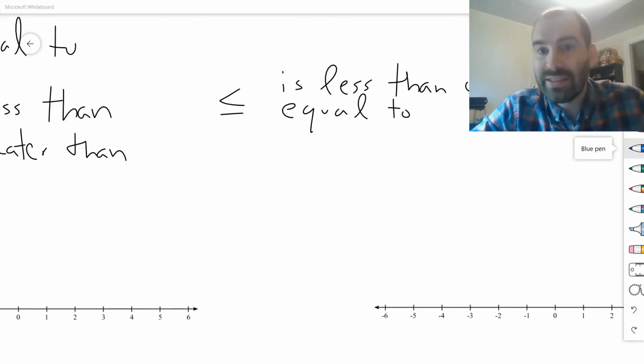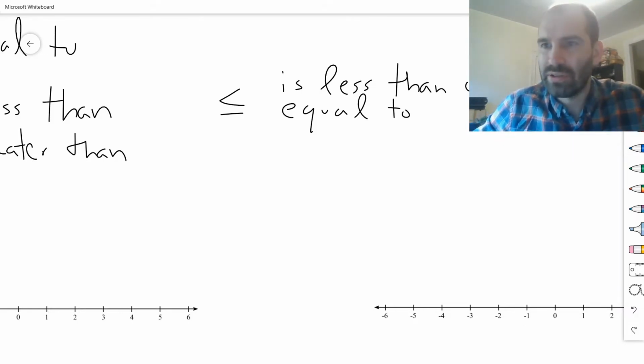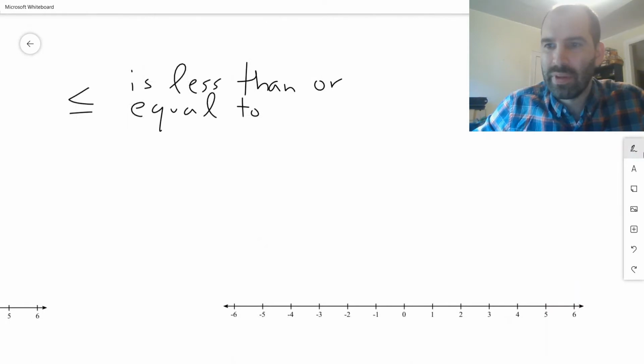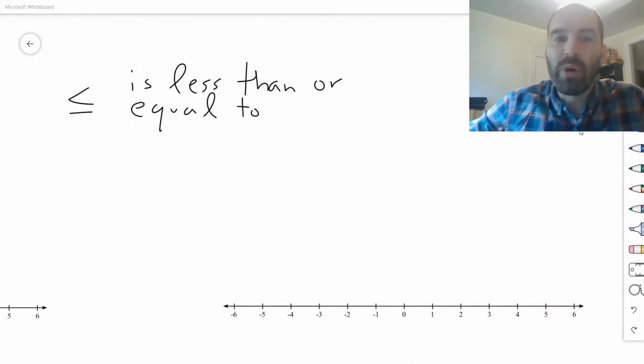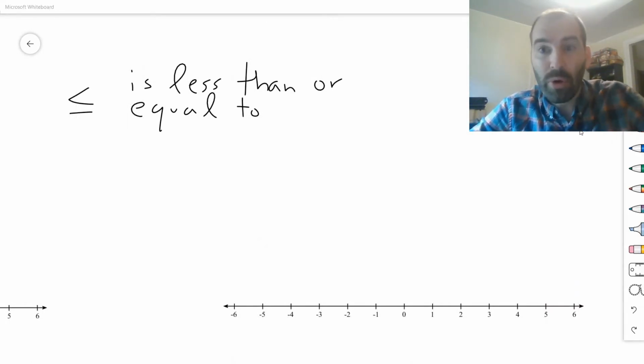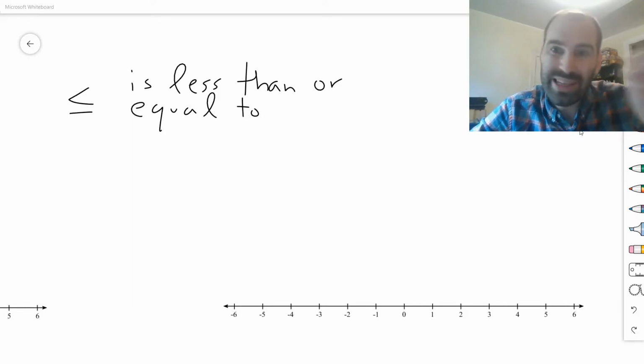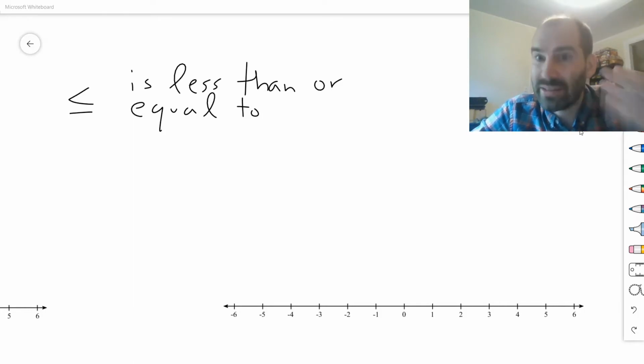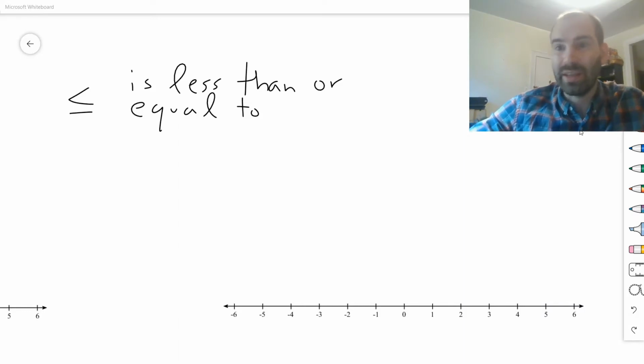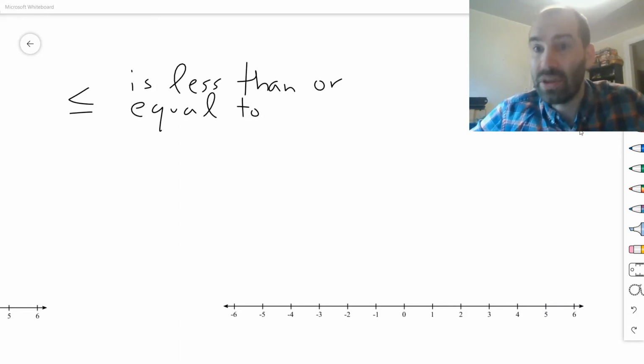If I said no more than, same thing. So no more than is another way of saying this. And you'll see in the English language, there are lots of different ways to say these. For equals, you can say is, or equals to, or the same as. There are lots of ways to say these.